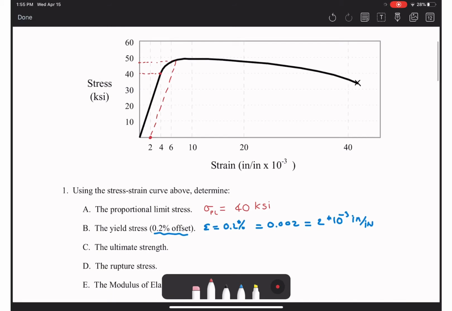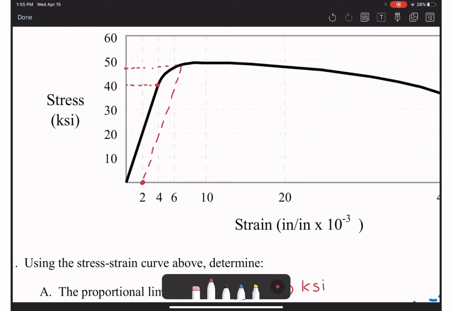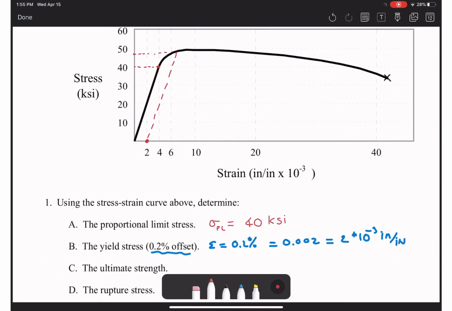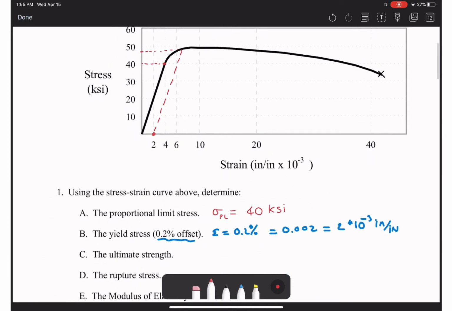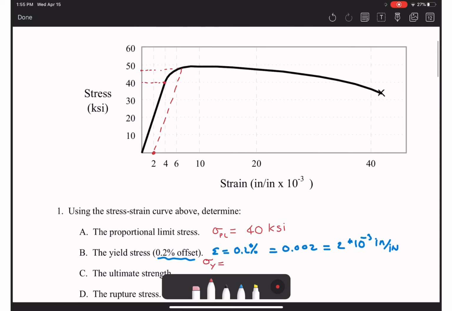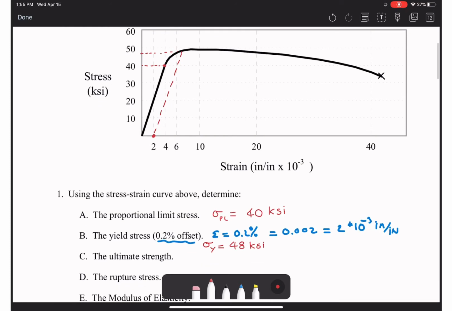And from that, as you can see, it's between 40 and 50, close to 50. Let's approximate it. For that, the yield stress here is equal to about 48 KSI. So it's very approximate in nature, but it uses a number that makes sense based on the graph.